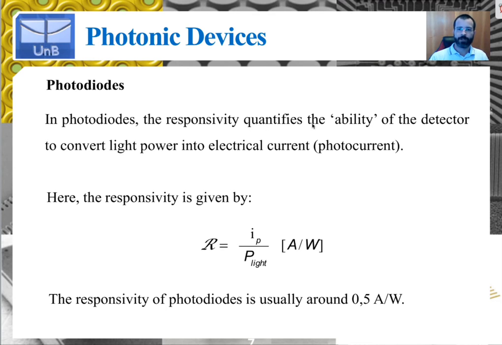It quantifies the ability of the detector to convert light power into electrical current, and not the other way around, which is the case for optical sources. So, the ability of the device to convert the incident optical power into a photocurrent.